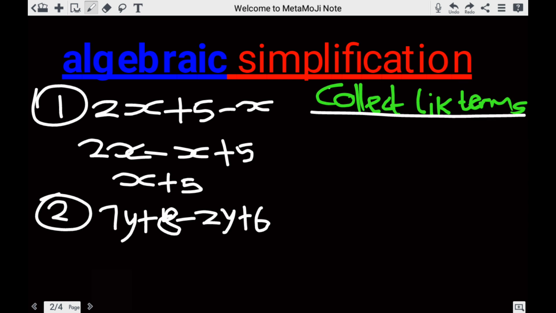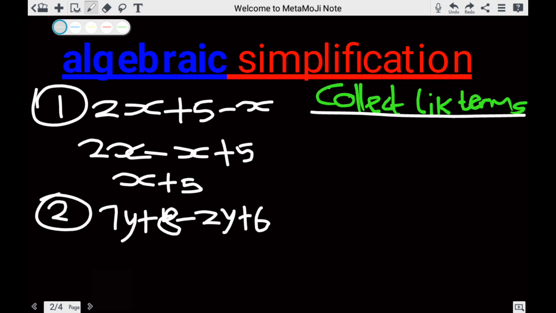You see that we need to collect like terms in this expression. So the like terms are 7y and minus 2y. Minus 2y and 7y are like terms, and plus 8 and plus 6 are like terms because both are numbers, but these are the same letters, so you can add them together.